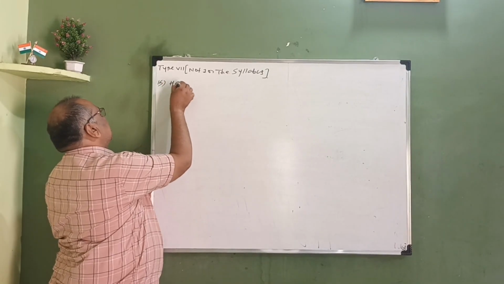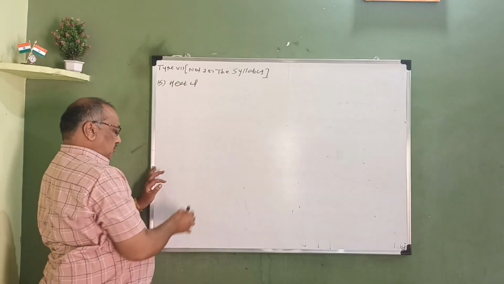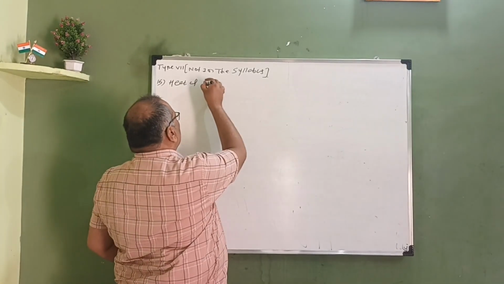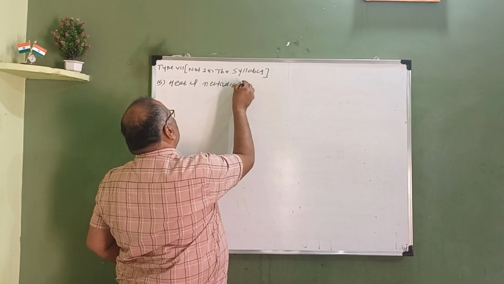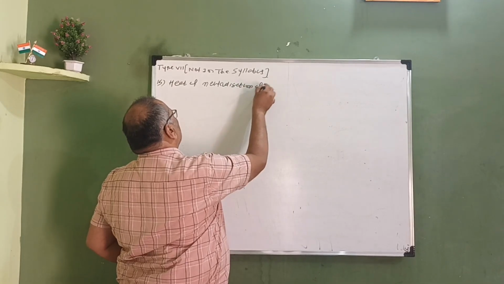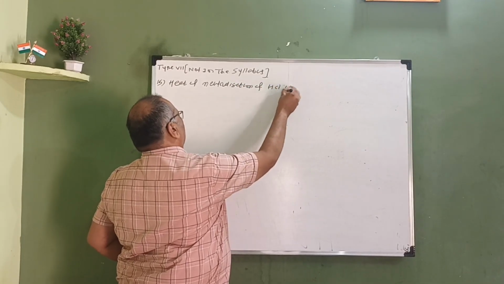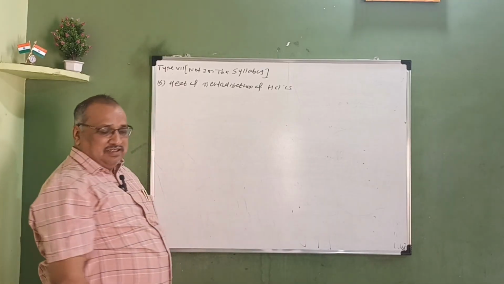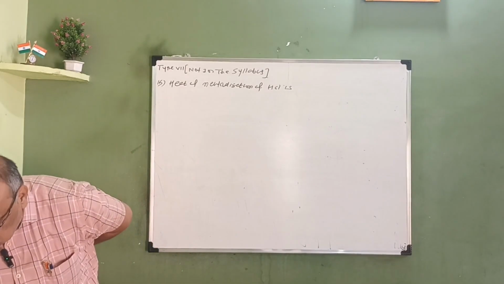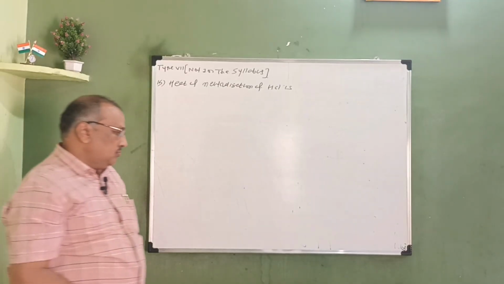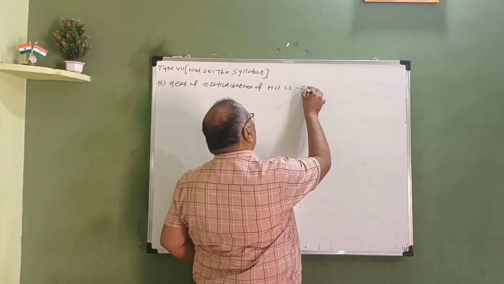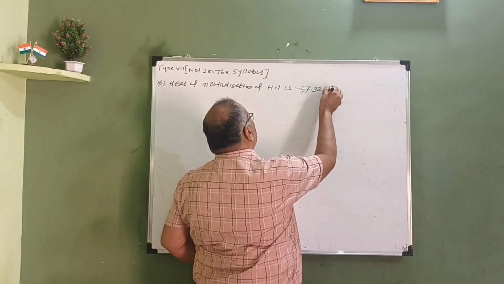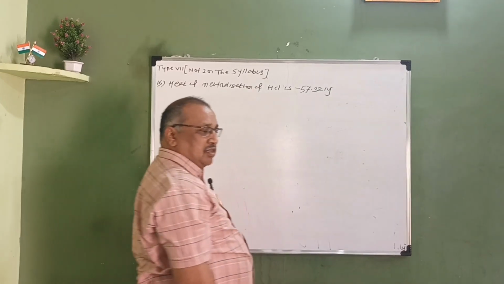Now here write down numerical. Heat of neutralisation of HCl is minus 57.32 kilojoule.